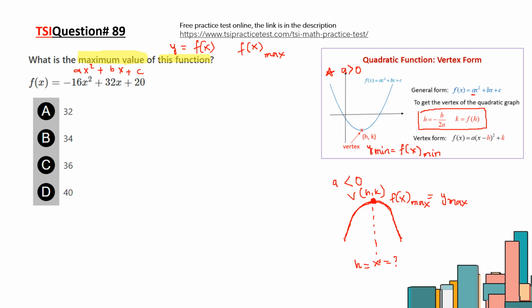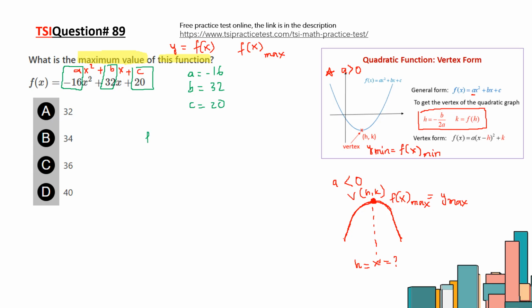So now just look at the question. We have a here. A is negative 16, in front of x squared. Now b is 32, and then c is 20. We don't use c in this case, but we have to distinguish between those. So now we plug in.